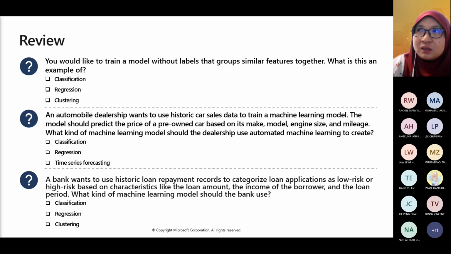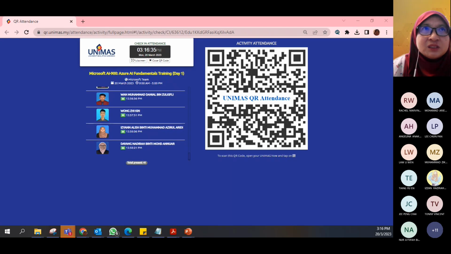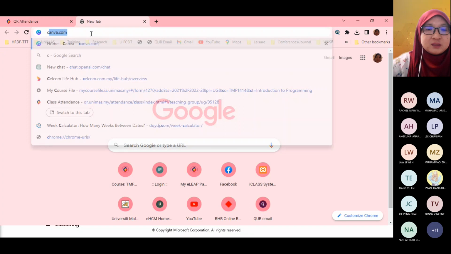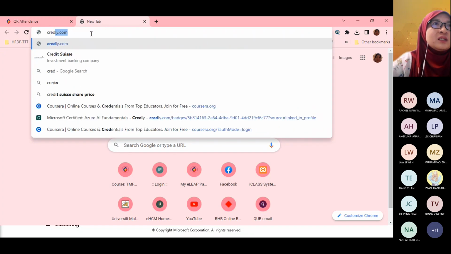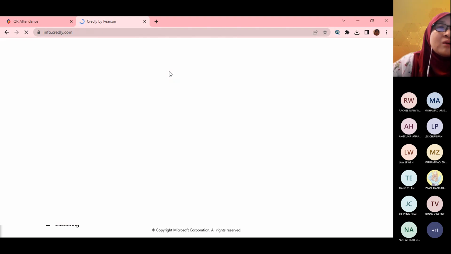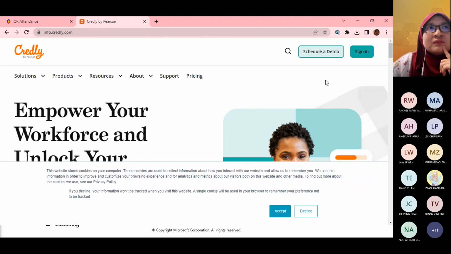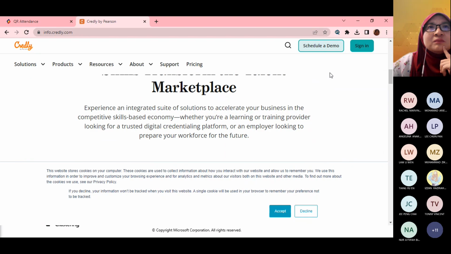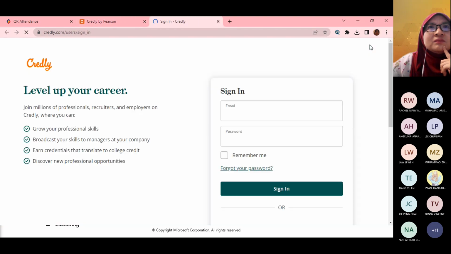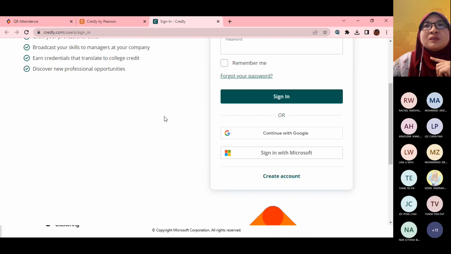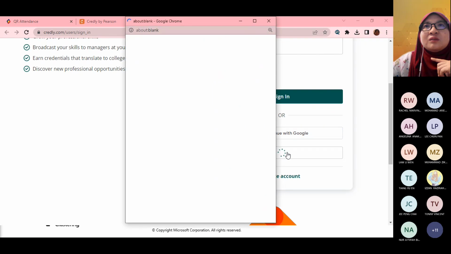Okay, and to get the issue later is actually when you have passed your exam, you get the certification from Credly, if I'm not mistaken. And let me check. Issue later, credly.com. Is this it? Oh no, I forgot my password. Sign in with Microsoft.